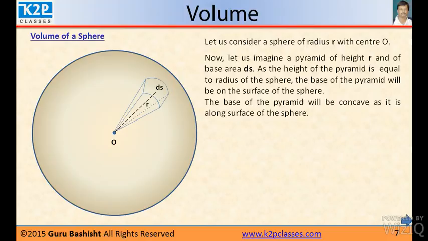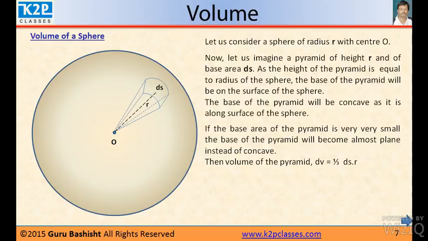The base of the pyramid will be concave as it is along the surface of the sphere. But if the base area is very small, then the base will become almost plane instead of concave. Then the volume of the pyramid dV equals 1 by 3 base area into height, so this is ds times r by 3.